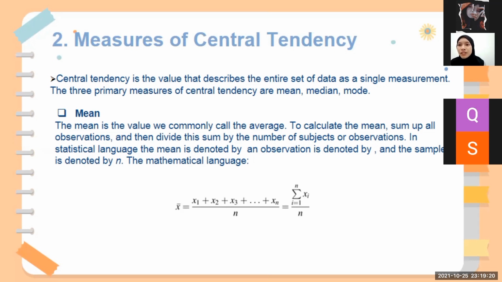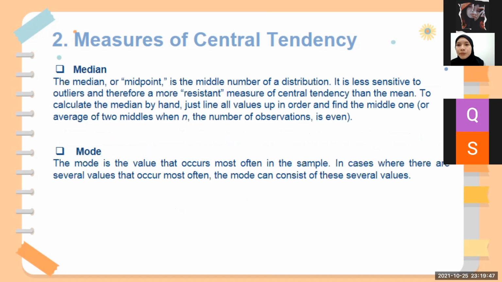An observation is denoted by X, and the sample size is denoted by N. In mathematical language, X bar equals X1 plus X2 plus X3 up to Xn, divided by N. Okay, next.